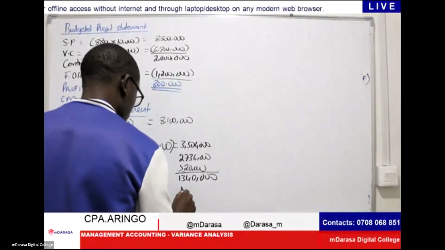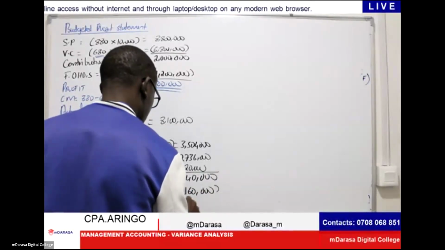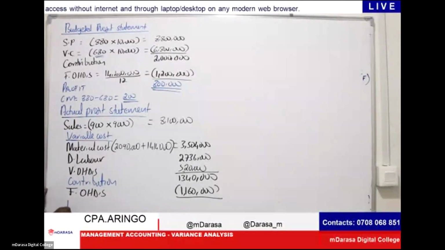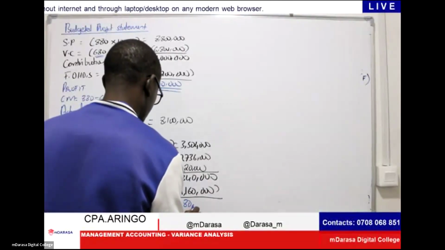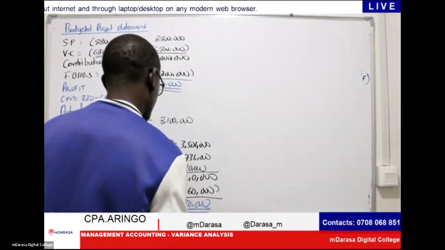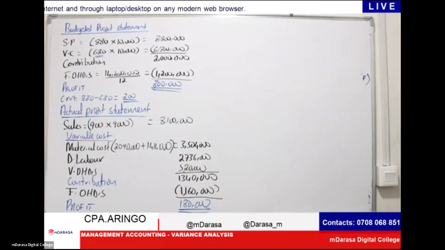So that my profit would be 1340 minus 1160, which gives us a value of 180. So those values are very important. We note them somewhere.